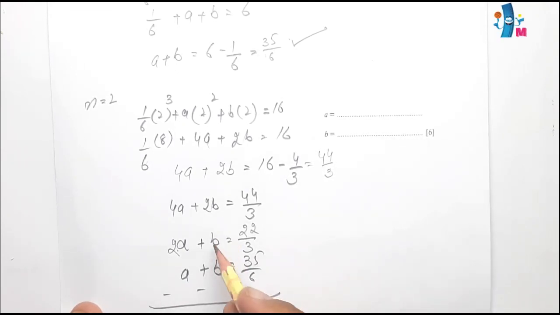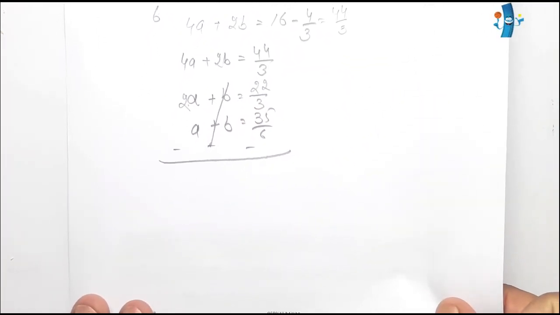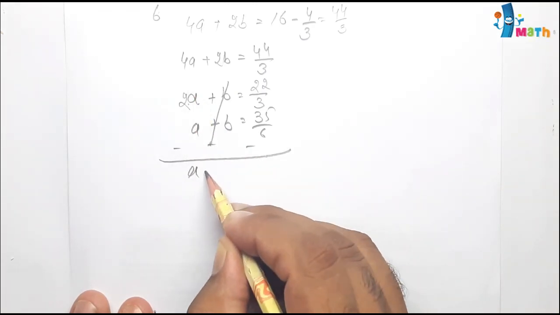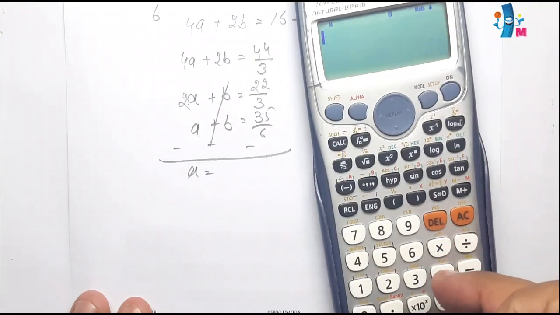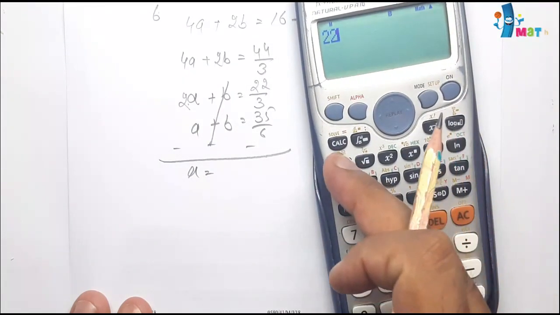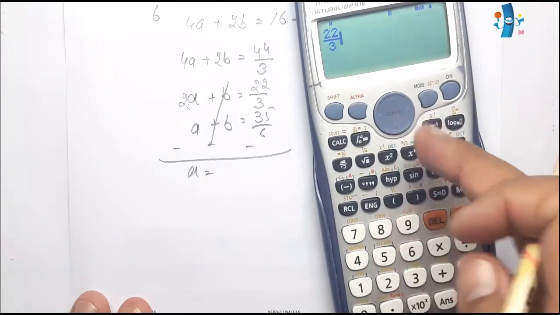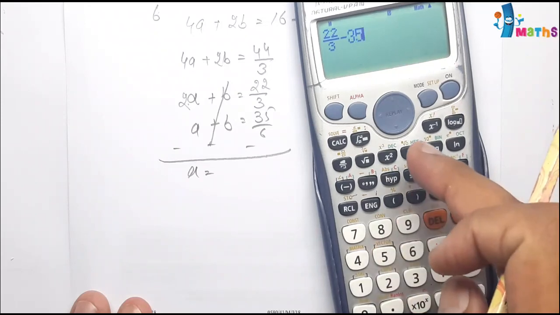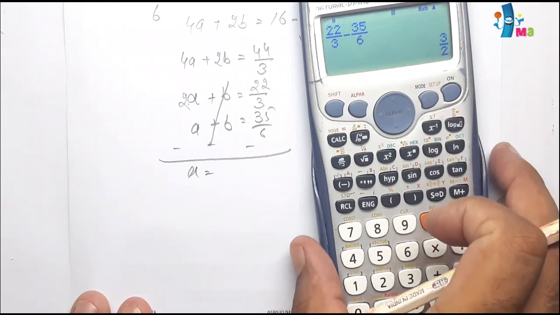After subtraction, this one will be cancelled, and next, 2a minus a will be a is equal to, if we solve this, 22 by 3 minus 35 over 6, which will be equal to 3 by 2.